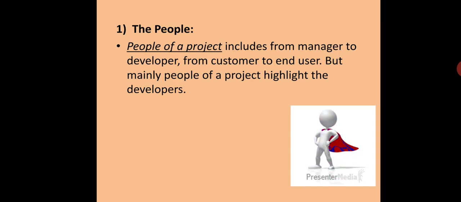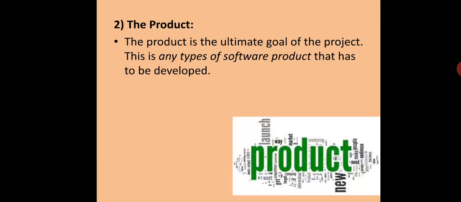Now the major people, the highlight basically, are the developers who are going to be majorly working on the project, because they get involved for more amount of time, working from the start till the end to develop a given project, or I would say a product.